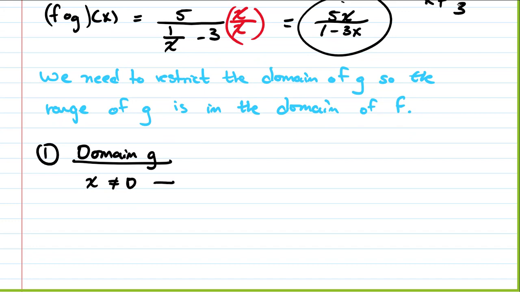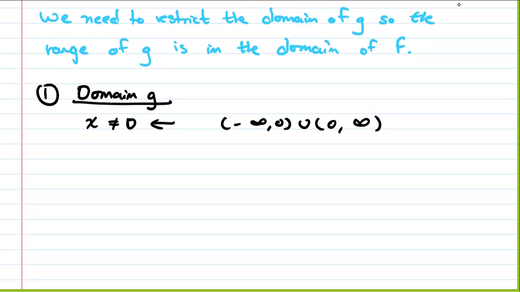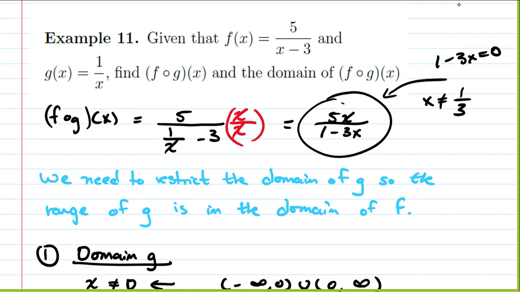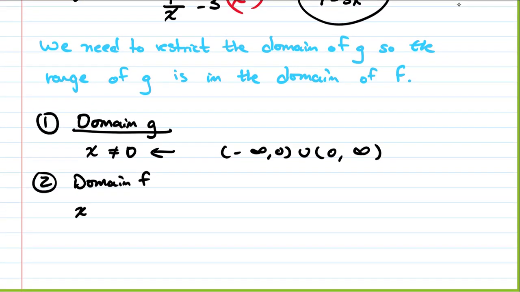So x can't be 0, so that's not in the domain, so we get negative infinity to 0, unioned with 0 to positive infinity. The next thing we need to do is find the domain of f. So f is also a rational function, which is 5 over x minus 3. So we have that x minus 3 cannot equal 0. So we add 3, and we get x can't be 3.